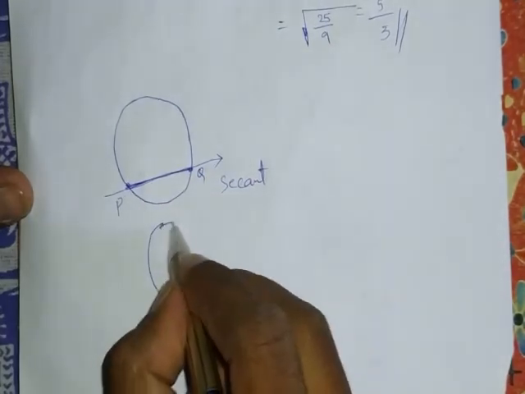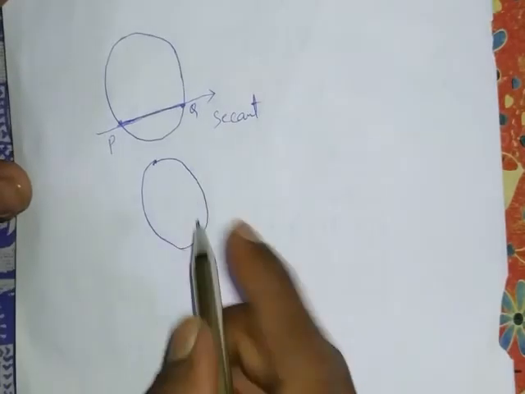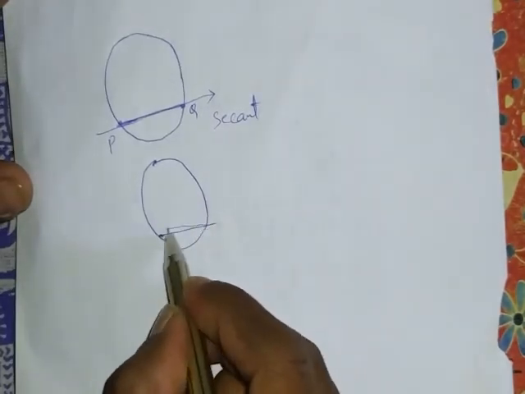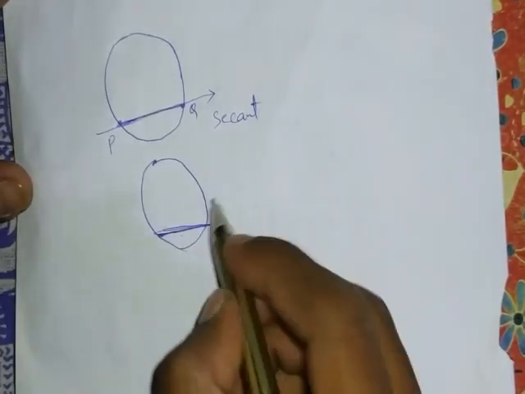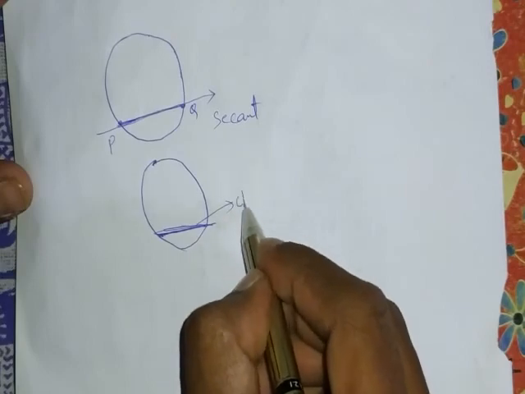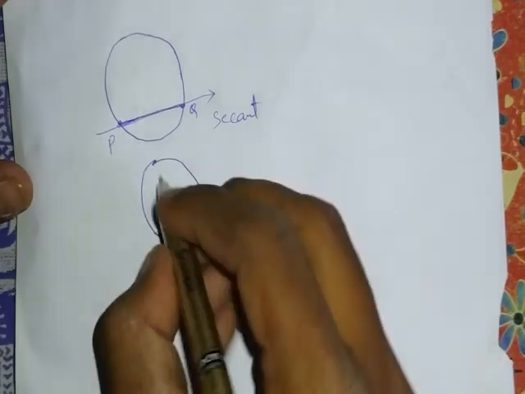So the chord looks in this way. Sorry, it doesn't come out. This is called a chord, and this is the segment.